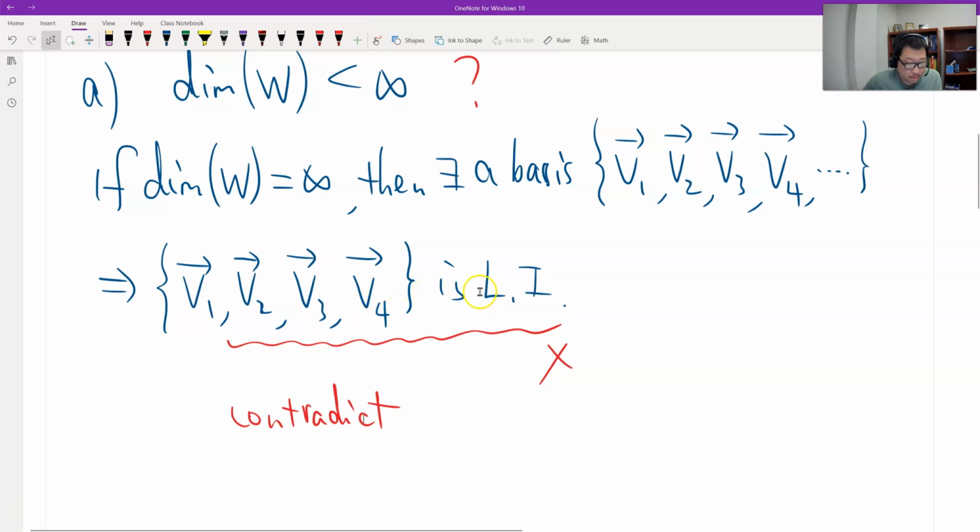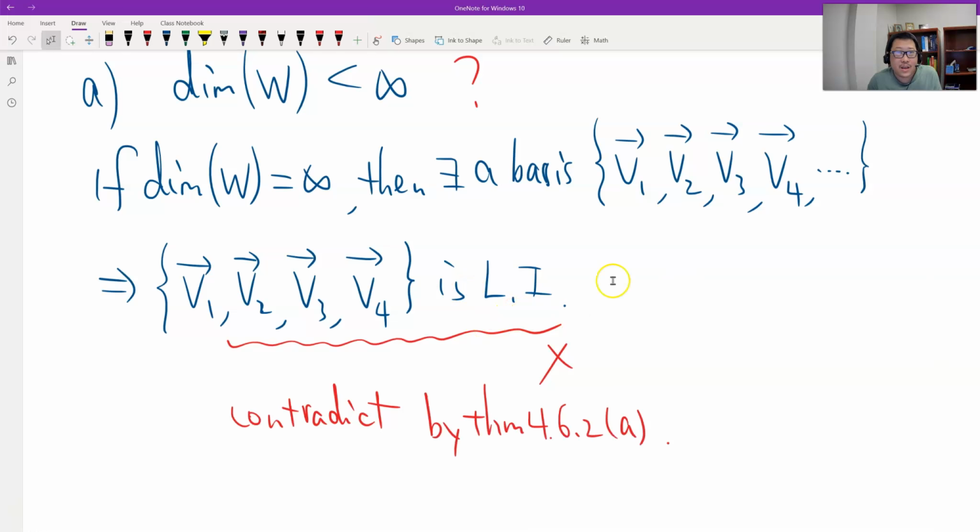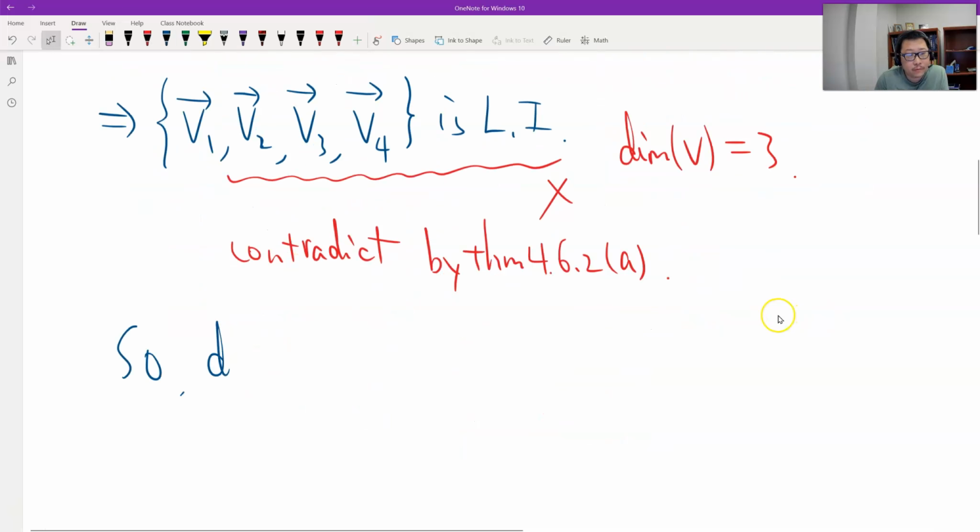That's a theorem we had before, Theorem 4.6.2a. Because the dimension of the whole space is 3, and now we have 4 vectors, more than 3, so they should be linearly dependent, not linearly independent. So therefore this is wrong, right? So the dimension is less than infinity.